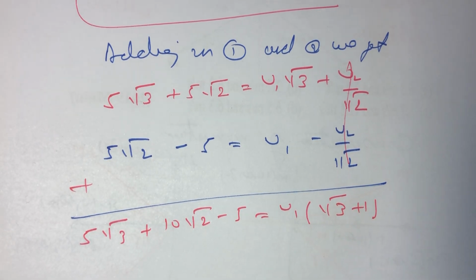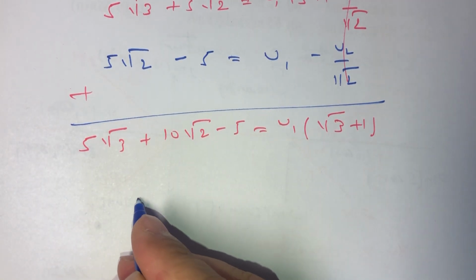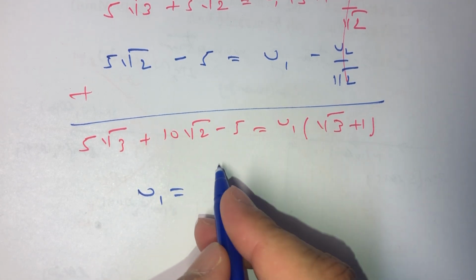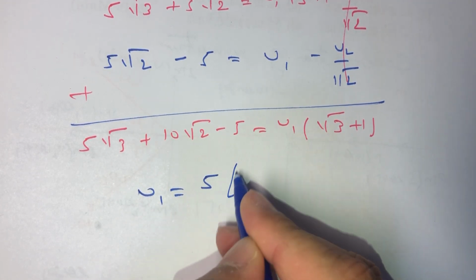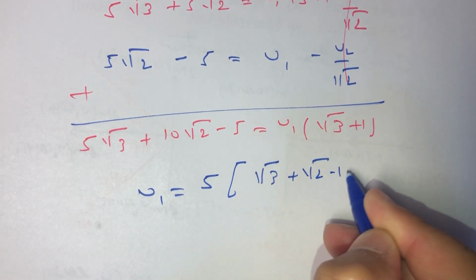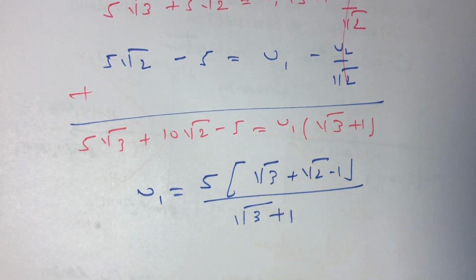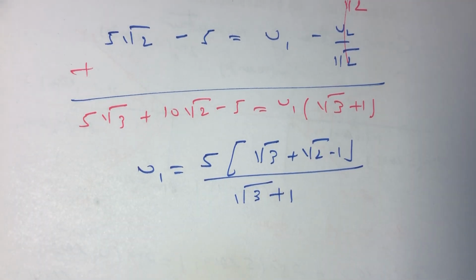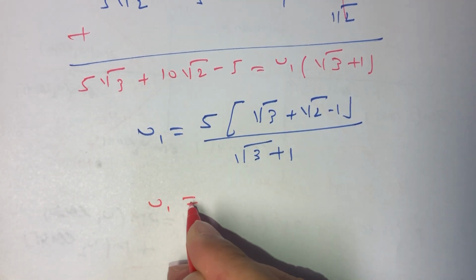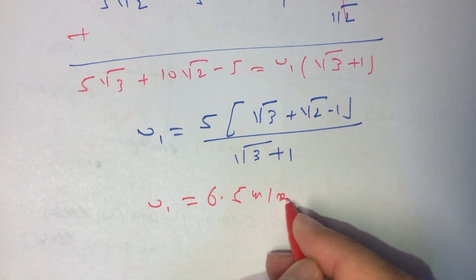Therefore v1 is equal to, taking 5 as common, root 3 plus 2 root 2 minus 1 divided by root 3 plus 1. The solution of this: v1 is approximately 6.5 meter per second.